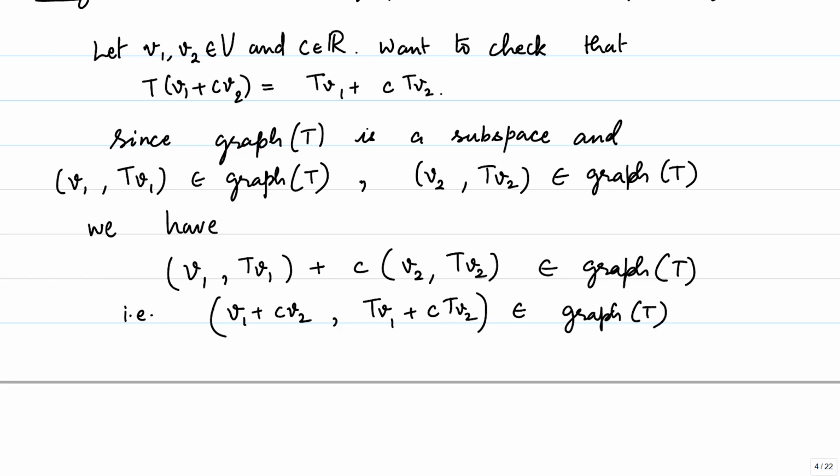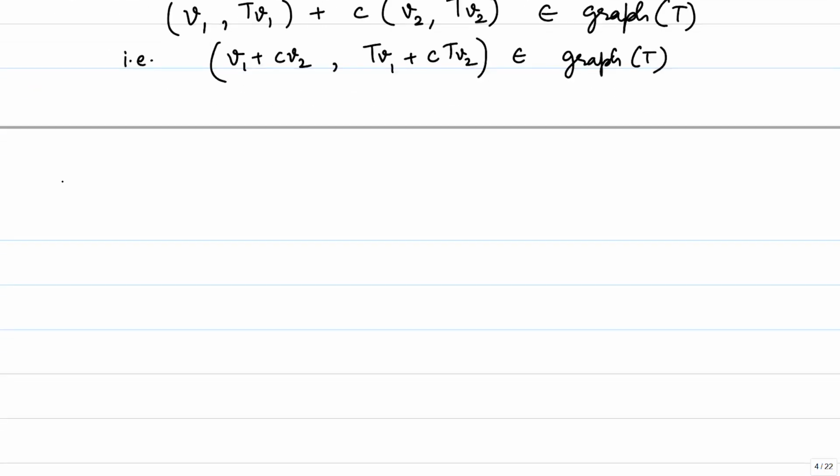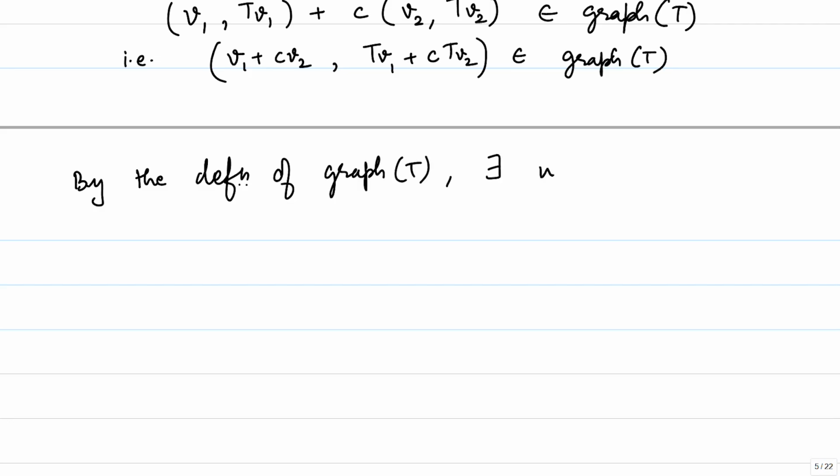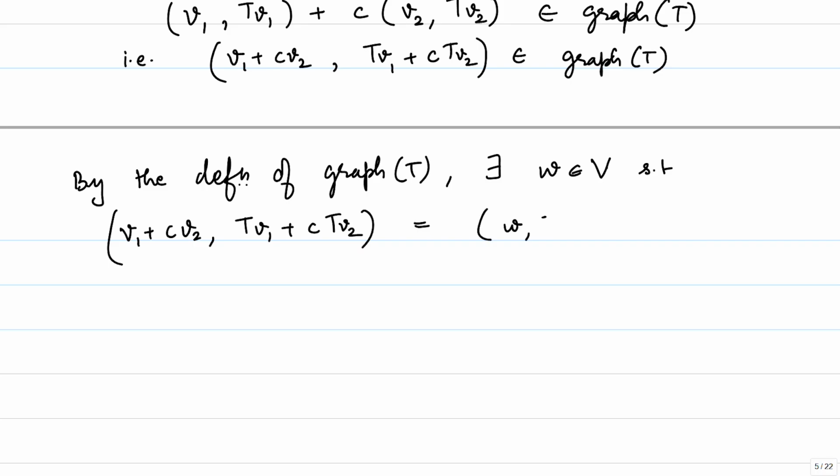But what is graph of T? Graph of T is the collection of all vectors of the type (v, Tv), right? So by the definition of graph of T, there exists some w in capital V such that (V1 plus cV2, TV1 plus cTV2) is equal to (w, Tw), because every element in graph of T is of this type.